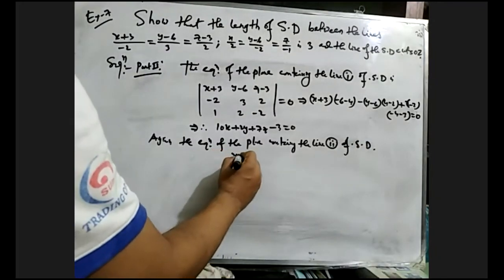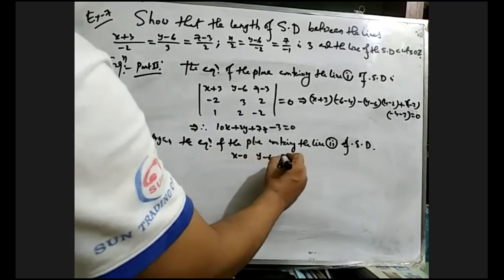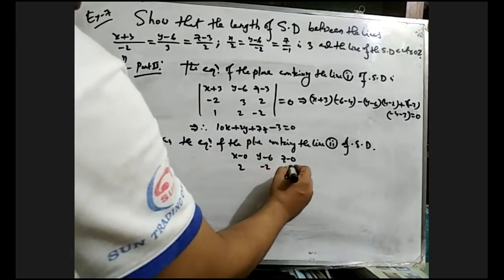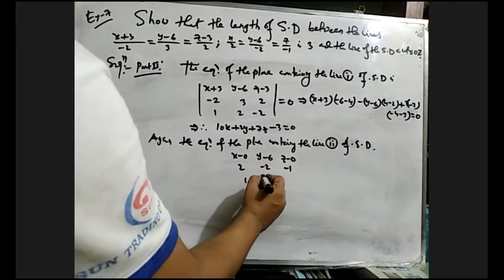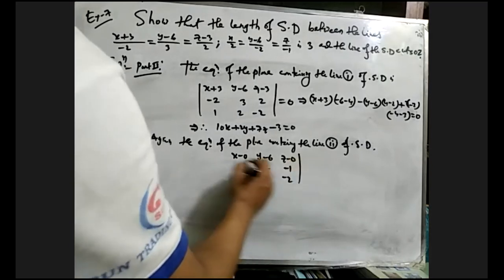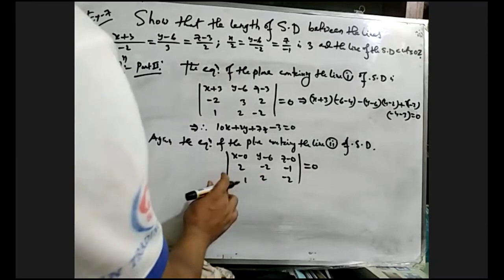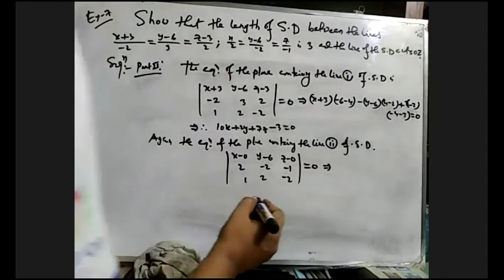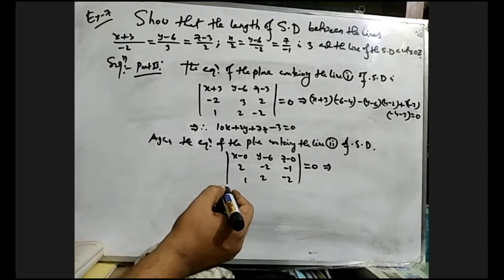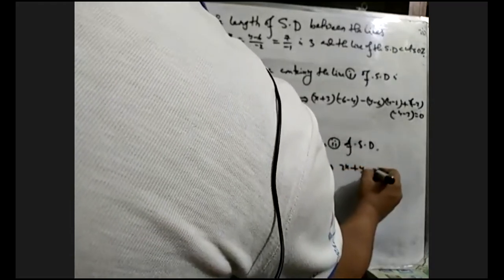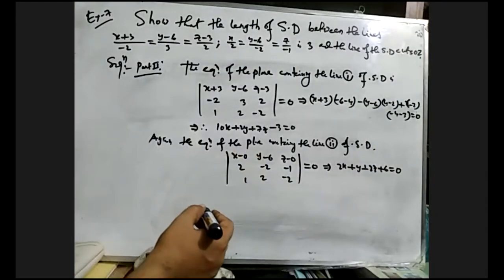So from line 2 we get x minus 0, y minus 6 and z minus 0, then 2, minus 2, minus 1, and 1, 2, minus 2. This equals 0. So after simplifying this, we get the equation of the plane containing line 2 as twice x plus y plus twice z plus 6 equals 0.